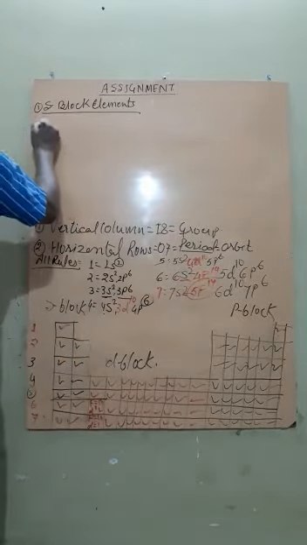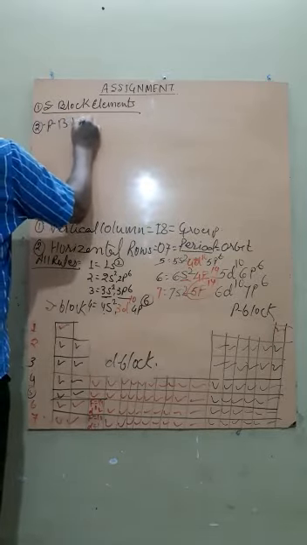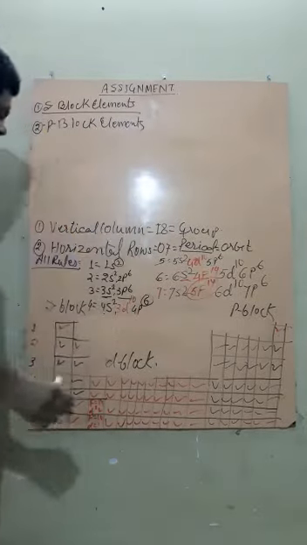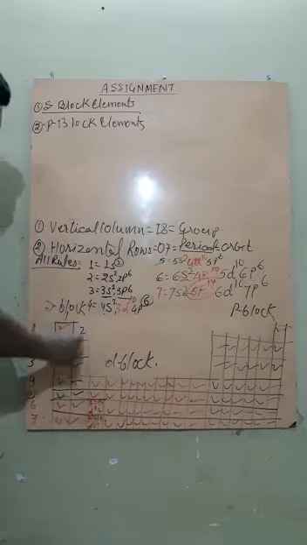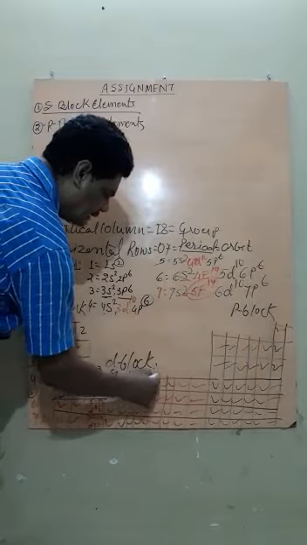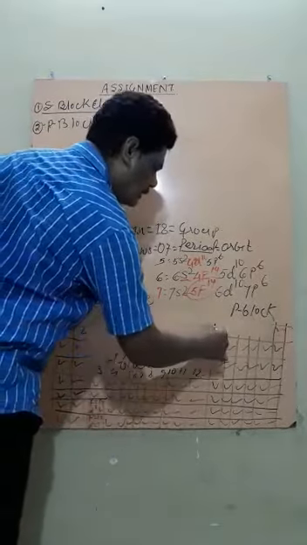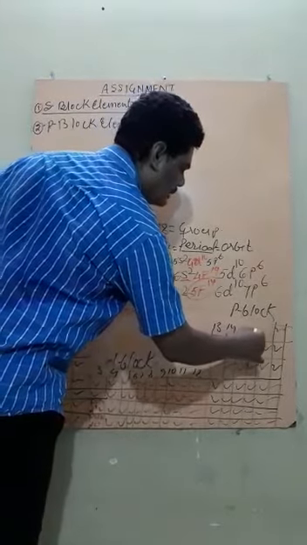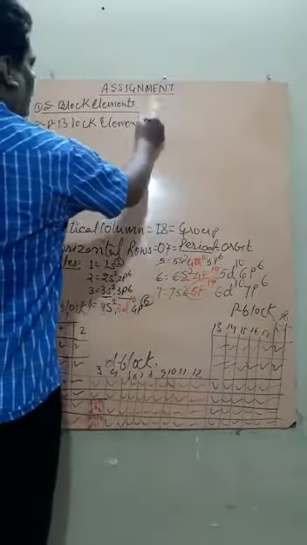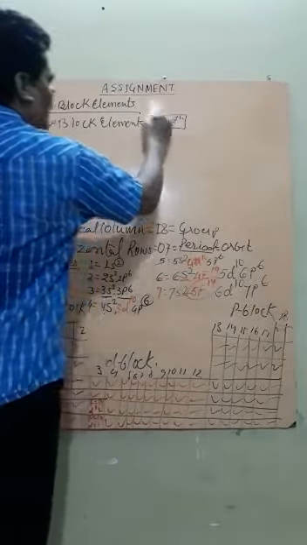The second block is called the P block elements. P block elements start from group number 13. This is first, second, third, fourth, fifth, sixth, seventh, eighth, ninth, 10, 11, 12, 13, 14, 15, 16, 17 and 18. So groups 13 to 18 are known as the P block elements.